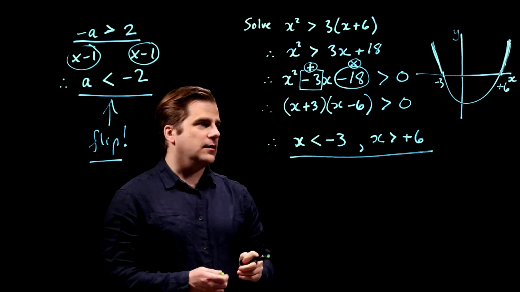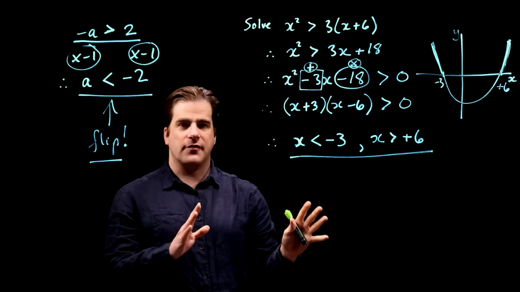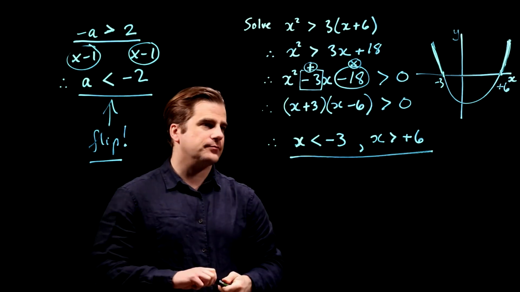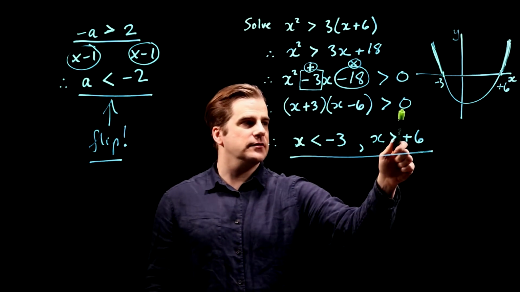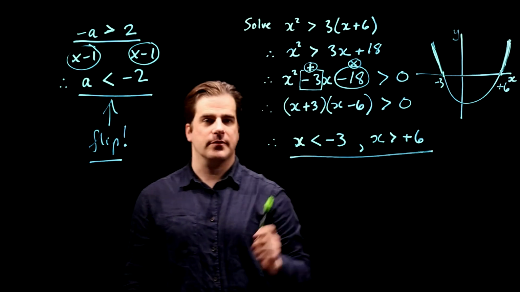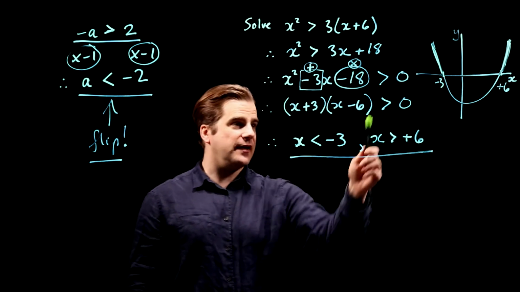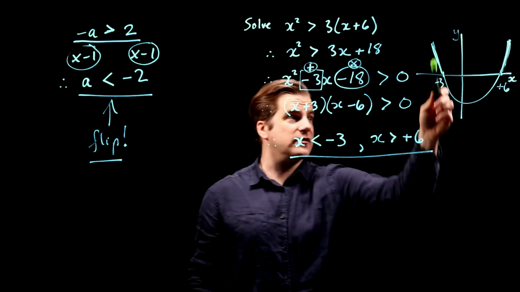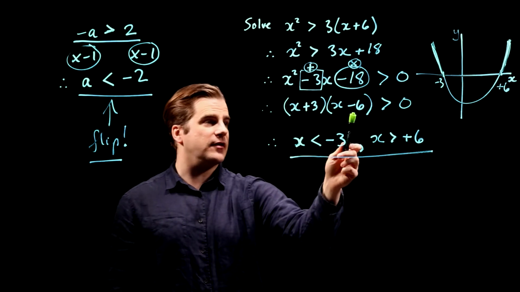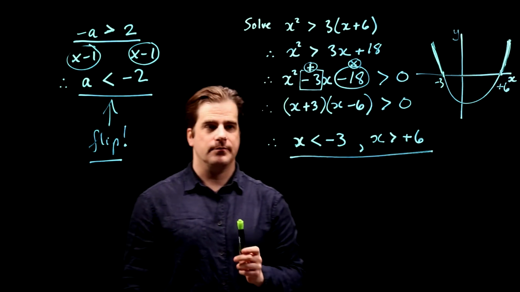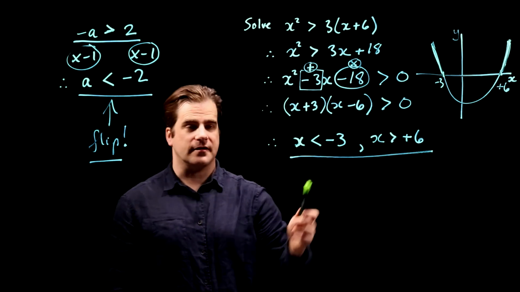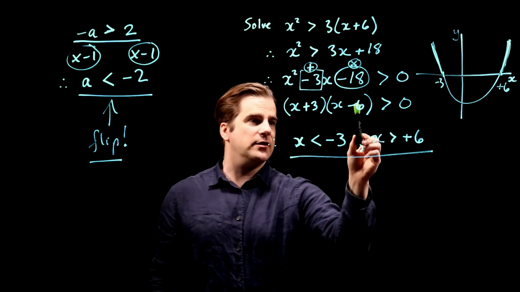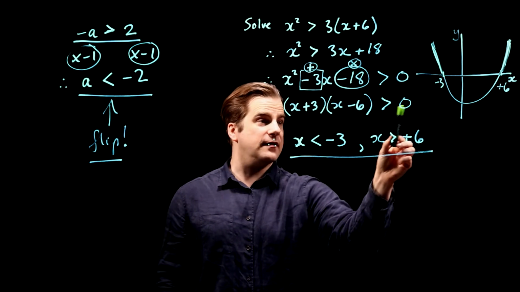Good. I'll just go over that last bit one more time. When you've got it in this form here, do a sketch, pretend that equals 0 to work out where it crosses the x-axis at minus 3 and plus 6, okay? And then look at the greater than or less than sign. It wants values of this greater than 0.